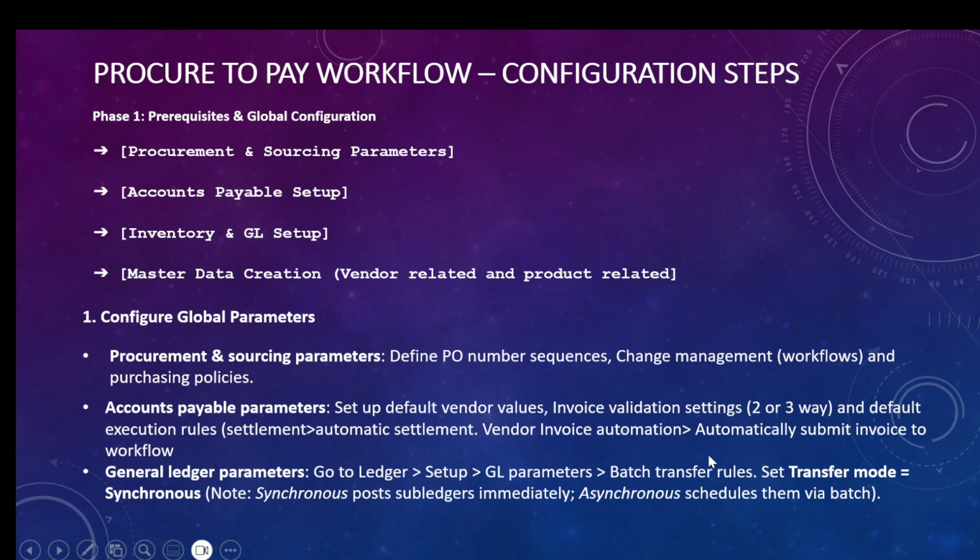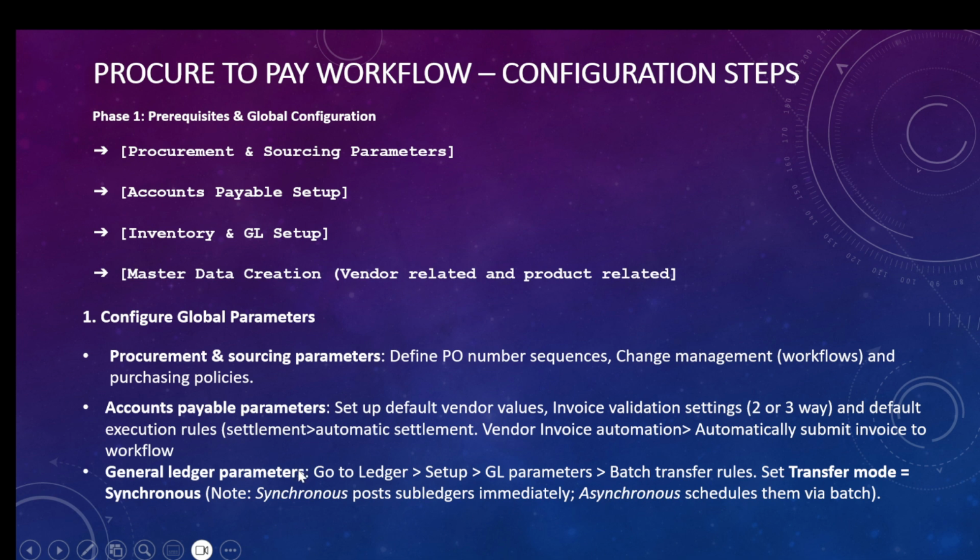Okay, so let me go to that application now. But after a while, before I visit the application, I also want to cover this aspect. This is a simple, straightforward setup in GL. This is actually needed to post your journals in real time, rather than putting it under a batch mode.